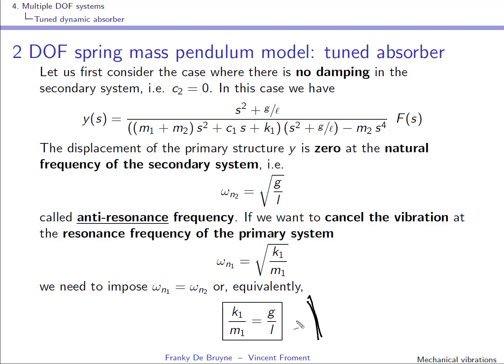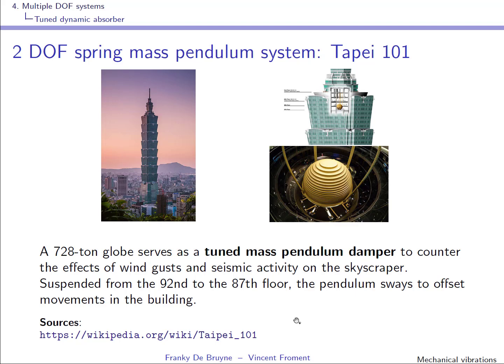Well, you obtain what is called now a spring mass pendulum tuned absorber, and this is what is sometimes used in tall buildings.